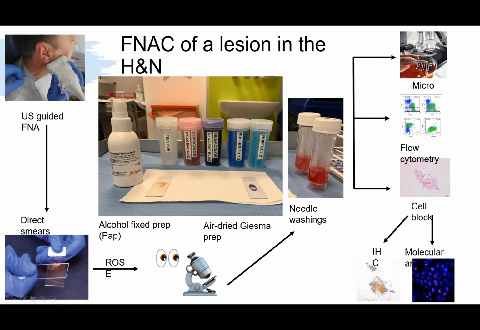If there's a lymphocytic infiltrate, we can send some for flow cytometry. Or if it's a difficult diagnosis where immunohistochemistry or molecular testing will help us render a diagnosis, we normally do a cell block, but depending on whether your laboratory has validated it for molecular testing, that will determine which kind of sample you use.